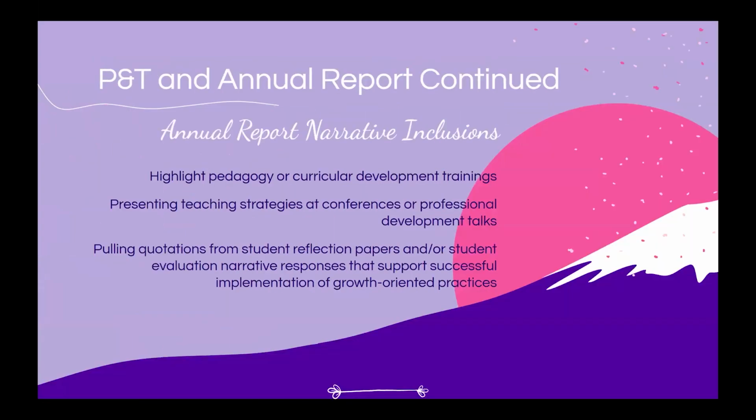And then on something maybe a little less high stakes, but still high stakes, like an annual report or an activities report, regardless of whether someone is on the teaching line or the tenure line, we're all thinking about our teaching. And I make sure in either a narrative for the annual report or in my activities report, I'm highlighting any pedagogical or curricular trainings that I've gone to.